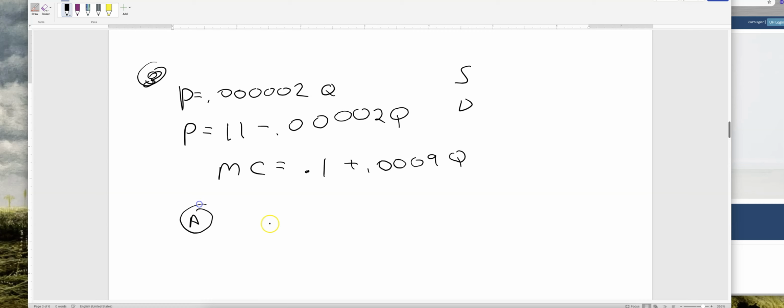So in a perfectly competitive market, we're going to set the MR equal to the MC. And in this kind of market, marginal revenue is going to be the same as the inverse demand function.